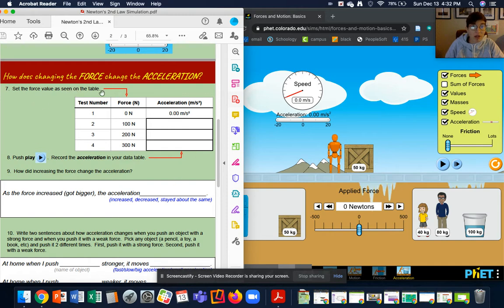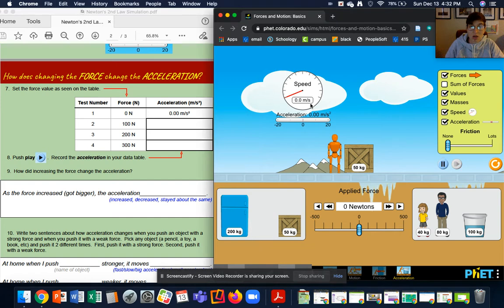So set the force value as seen on the table. So that's with these buttons. So 0 newtons, right? And if you press play here, right, our speed is 0, right? Our acceleration 0, because our force is 0. So that's already filled out in the table for you. Okay, then what you do is you want to hit pause after you're done with the test or the trial.